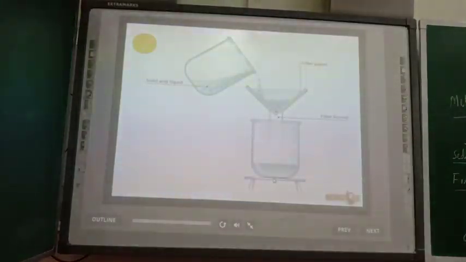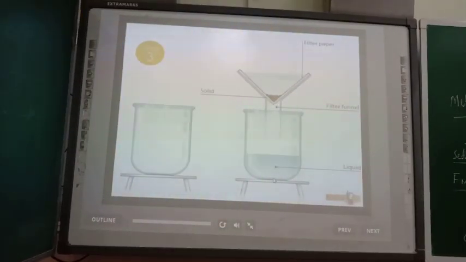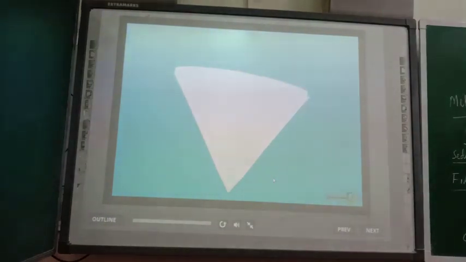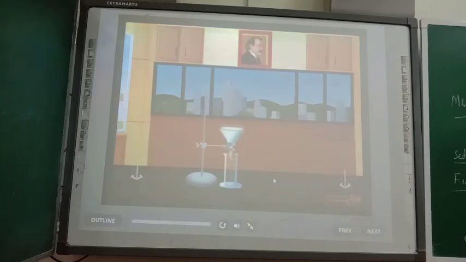Filtration is used to separate fine insoluble solid particles from the liquid. A filter paper and a piece of muslin cloth are commonly used as filters. A filter paper having tiny pores is folded in the form of cone and fixed into a funnel. Let us see how we can separate mud from water.